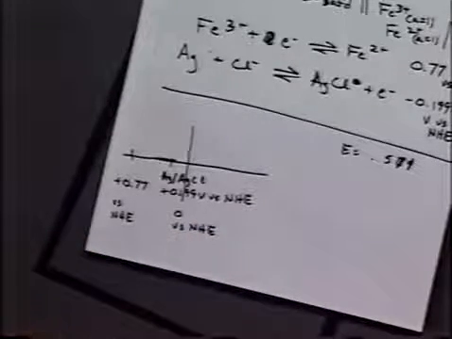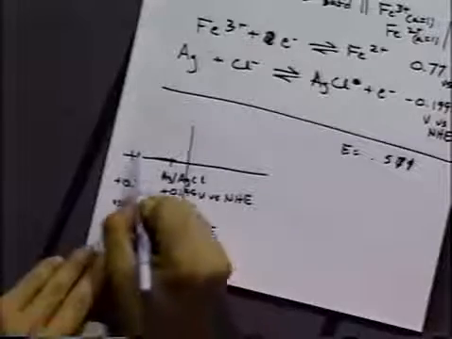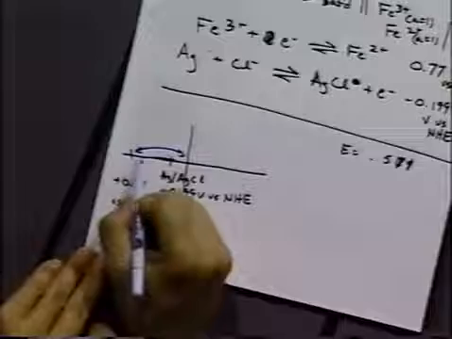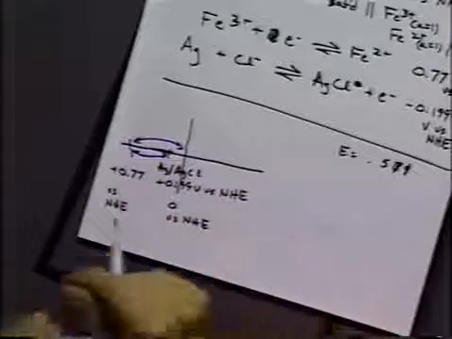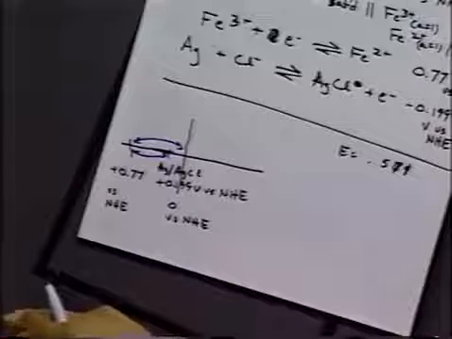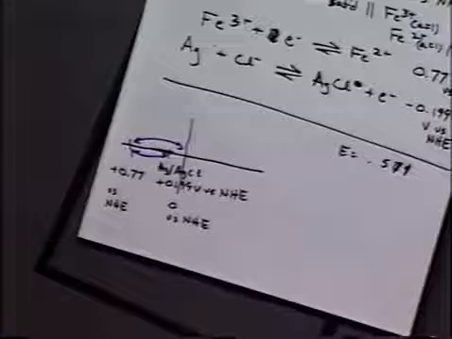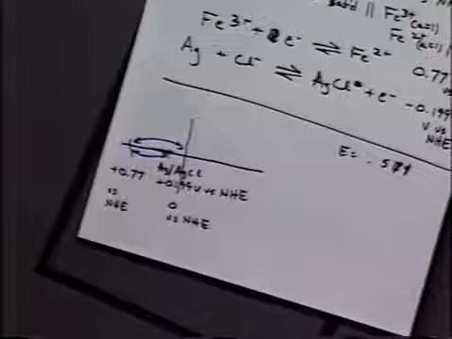And so we can easily see that if we measure this potential versus here, that's 0.77 volts, but if we measure our iron versus the silver chloride, it's going to be less, 0.571 in our case. So that's a more intuitive way of thinking about how the potential will shift if we use different reference electrodes.